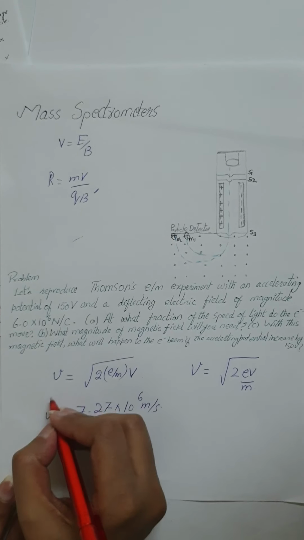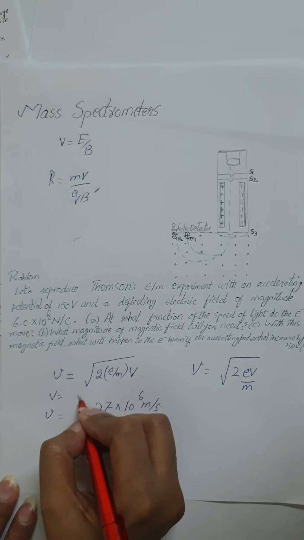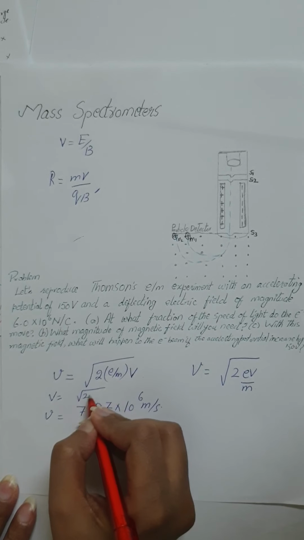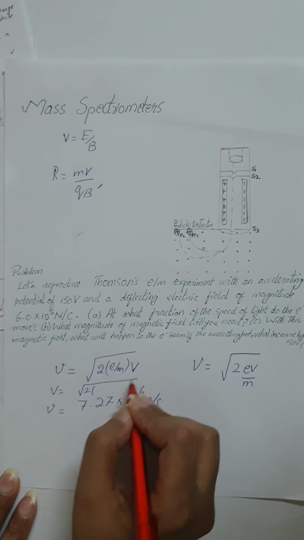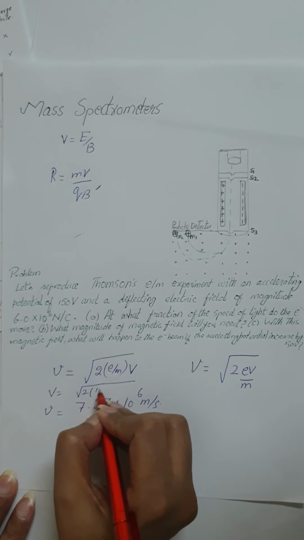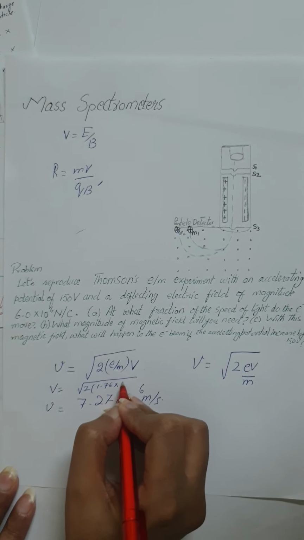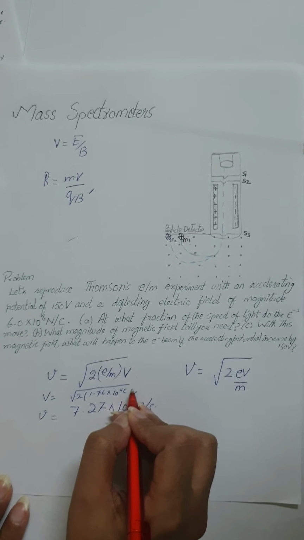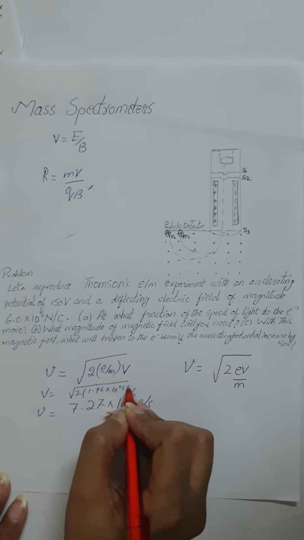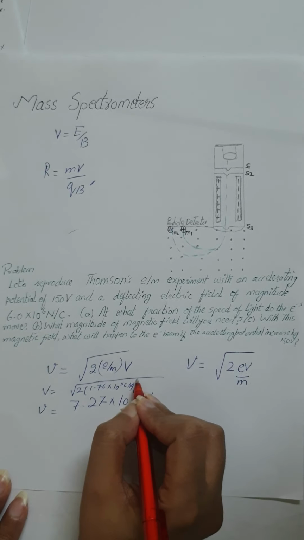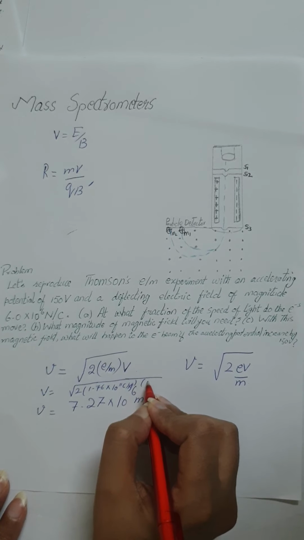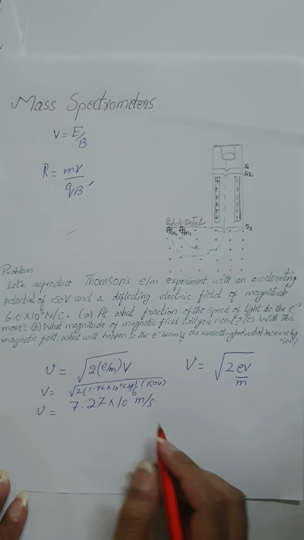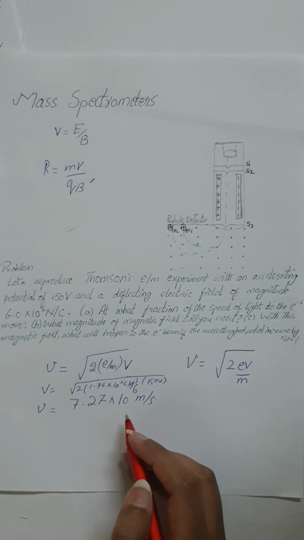I just did this step directly, but just put the values here: 1.76 into 10 raised to 11 coulomb per kg into 150 volts. So this leads to a speed of 2.7 into 10 raised to 6 meter per second.